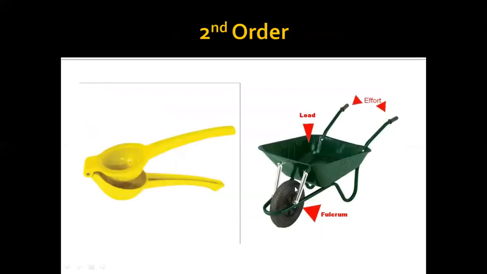Now these are examples of the second order lever. This lemon squeezer here, this is the fulcrum, the load would be here and the effort would be applied from here. This is another example of second order lever. This is the effort, the load would be situated here and the fulcrum is here.